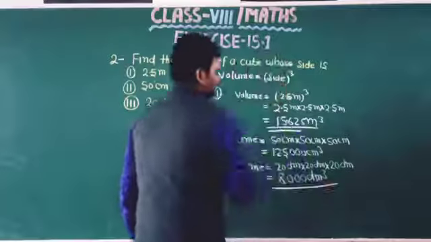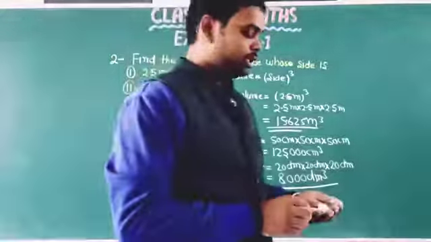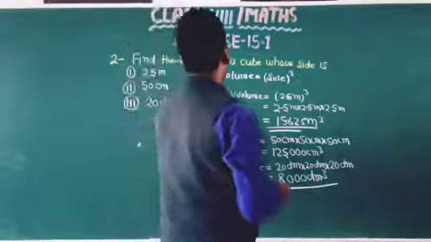Okay, 8000 decimeter cube is the volume of the cube.